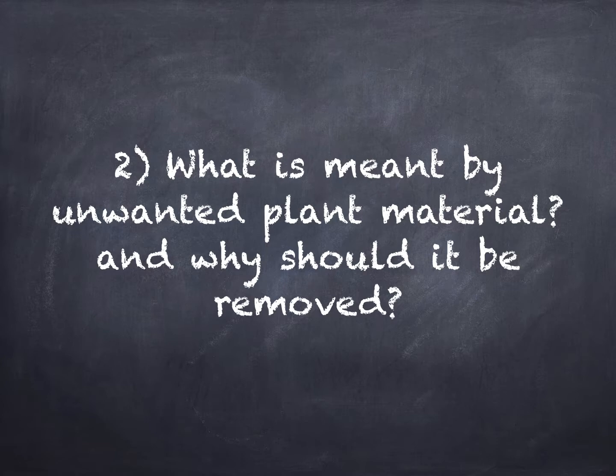Weeds are also unsightly and they compete for food, water and sunlight, and as we say, they are places for pests and diseases to start, which is the same for old plant material or debris like leaves, dead grass, plants or other plant material. Again, these would all be places that could harbour pests and diseases, so they need to be removed.